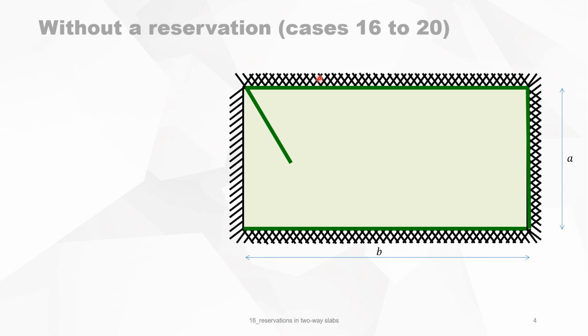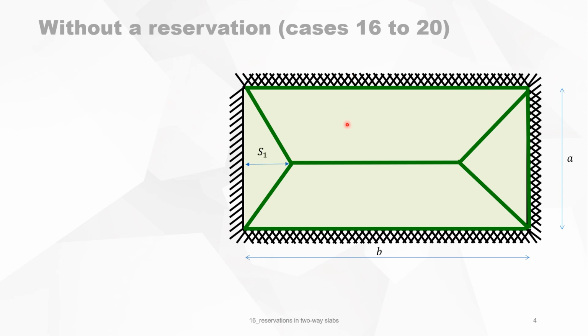So the yield line starts at the crossing of the rotation axis and goes into the slab. The same happens here below. It's 60 degrees and 30 degrees. There we have 2 times 45 degrees, and on the bottom also 2 times 45 degrees. And then we connect the two dots, and these are the yield lines for the slab without a reservation.